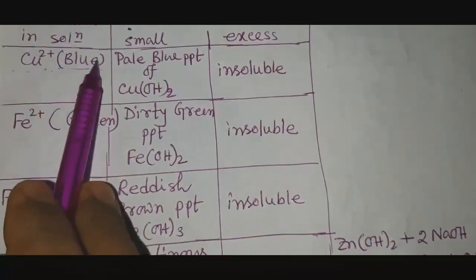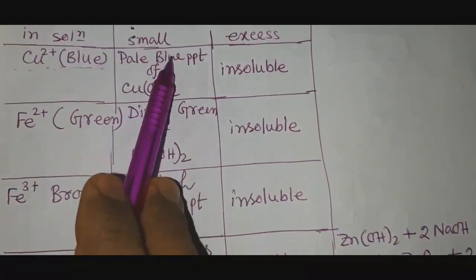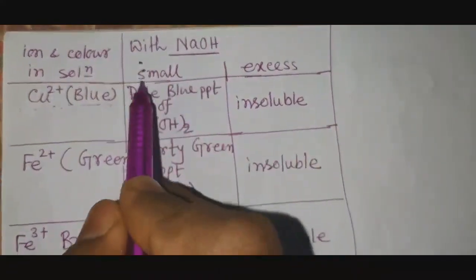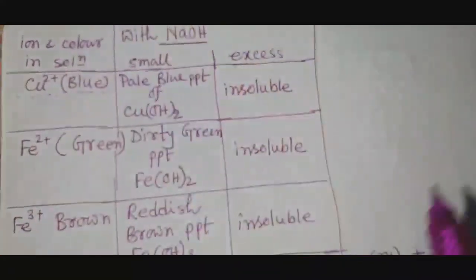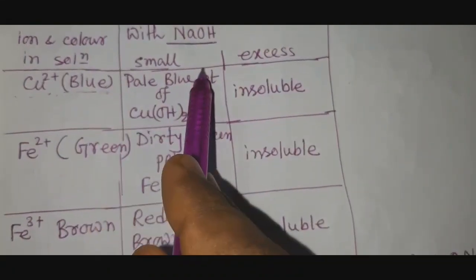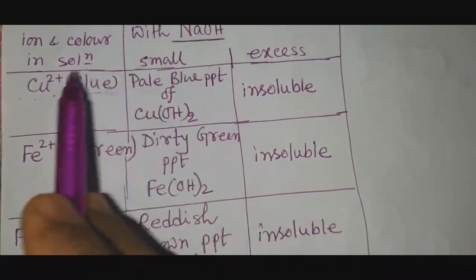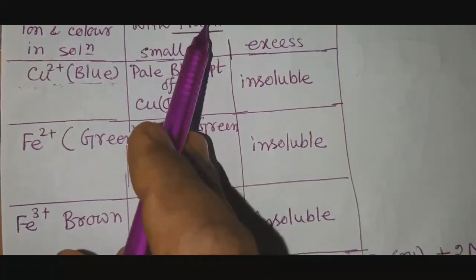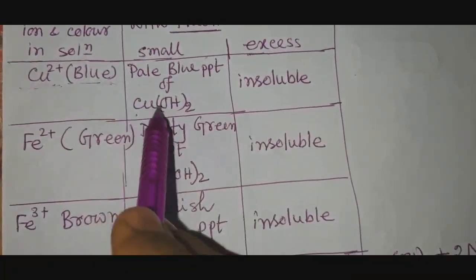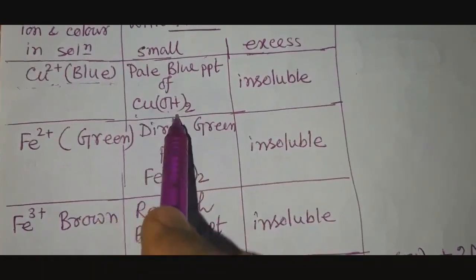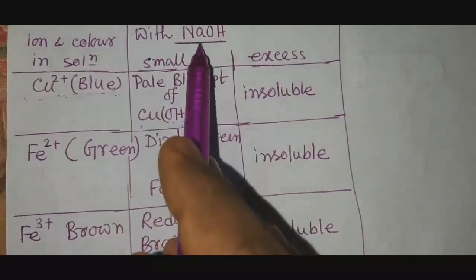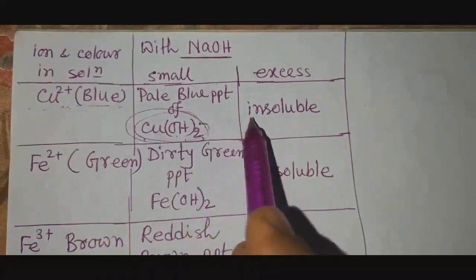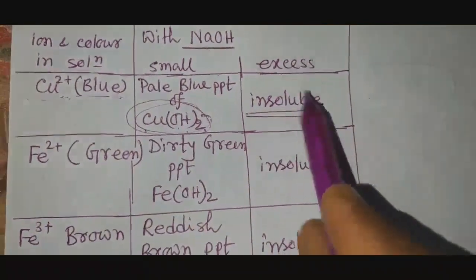With this blue copper, if we add sodium hydroxide, the OH minus ion will come from sodium hydroxide, and I am adding a small quantity, 2 or 3 drops, dropwise. Whenever it is added dropwise, what will happen? This Cu2+ ion will react with the OH minus ion, and after their reaction Cu(OH)2, copper hydroxide, will form. Now if NaOH is added in excess, this copper hydroxide will not become soluble, it will remain insoluble.